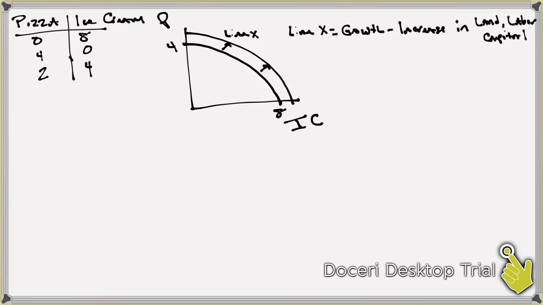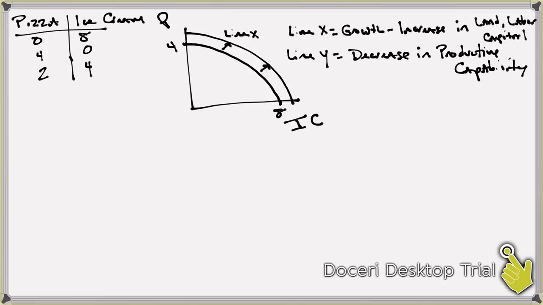And then what we didn't put down last time is that we also could have, let's call it line Y, and that equals a decrease in, we'll call it productive capability. And really that just means that we've lost resources, okay?